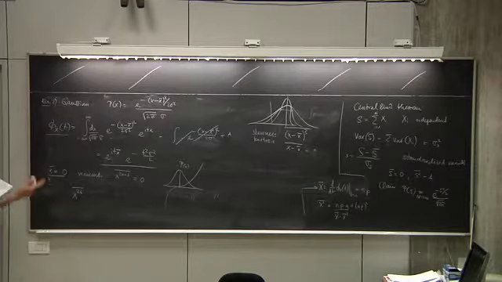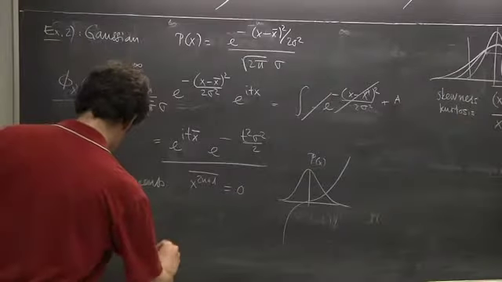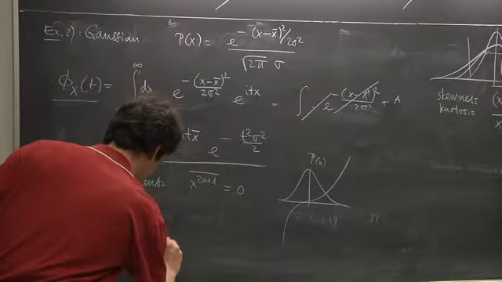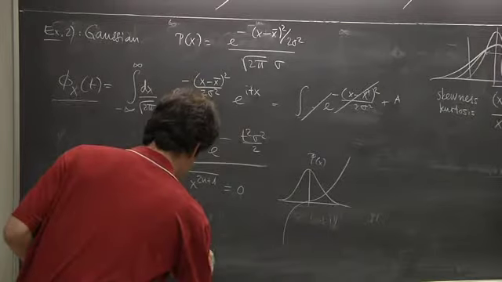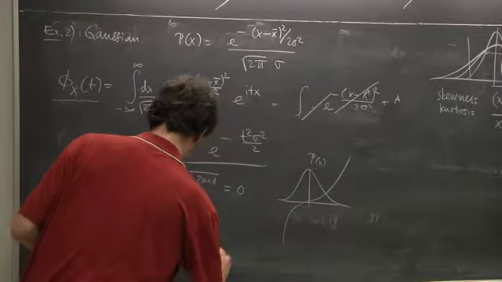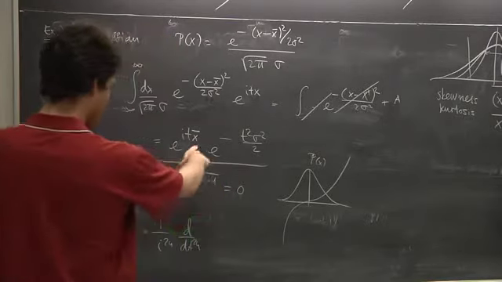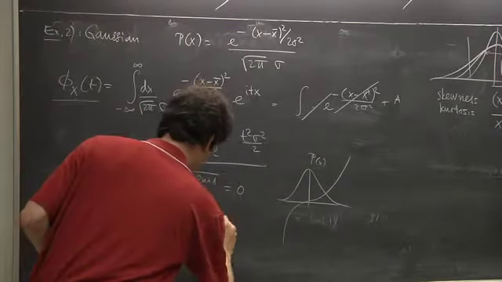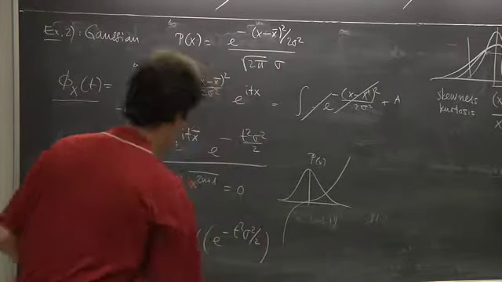So now, what about even moments? From our general philosophy, we know that the 2nth moment should be just 1 over i to the 2n, and then the 2nth derivative of the characteristic function. And the characteristic function when x bar is 0 is just this Gaussian. So it's this thing here.